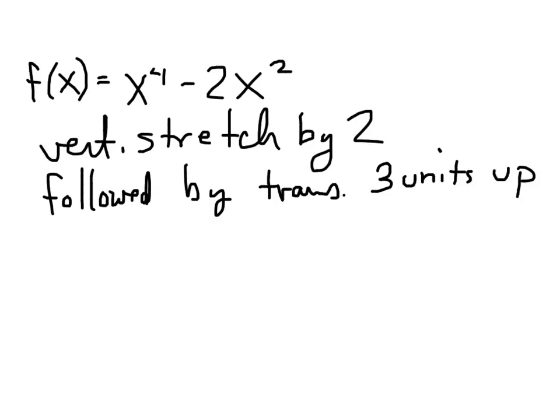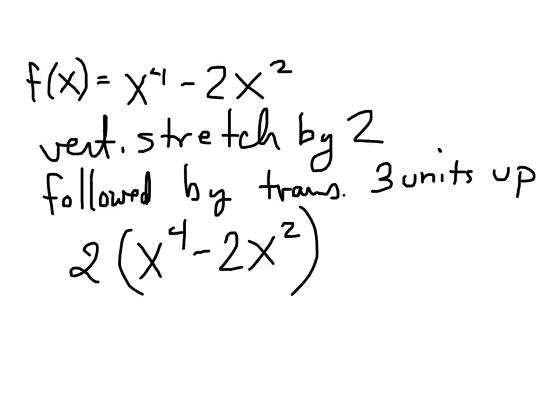So if I put that like this, 2x to the fourth minus 2x squared, would that represent a multiply on the outside? Yes, it would. Followed by a translation 3 units up. What does 3 units up go? Outside, plus 3.